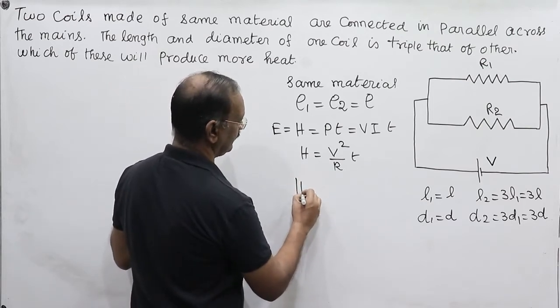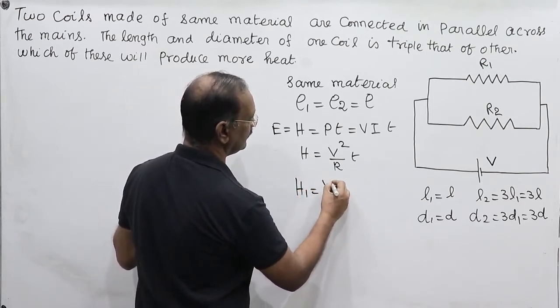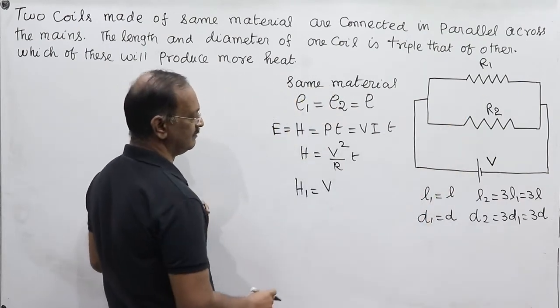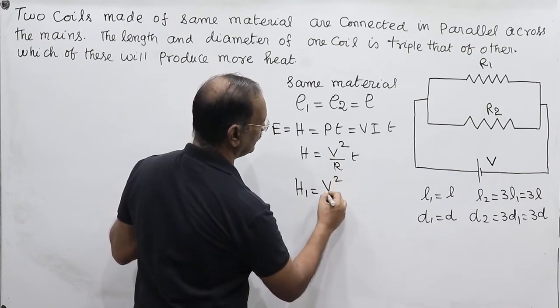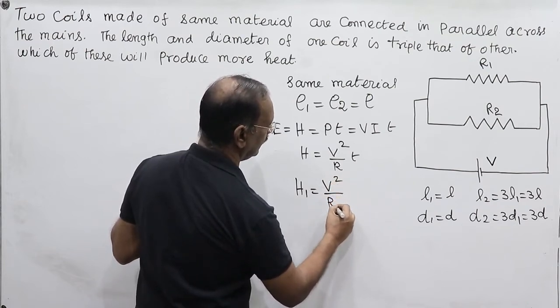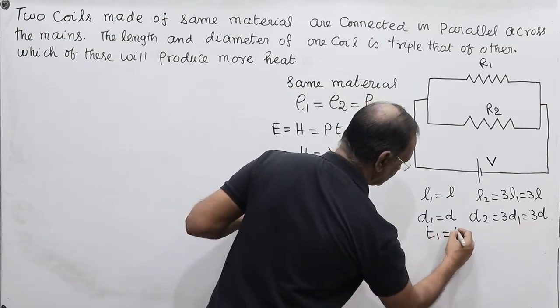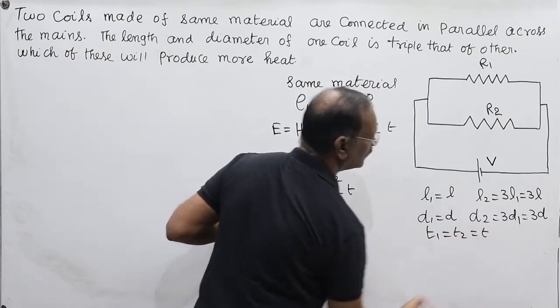What is H1? H1 is equal to V1 square by R1 into T, because both are connected to the same source in parallel. See, T1 is equal to T2 is equal to T. Why?